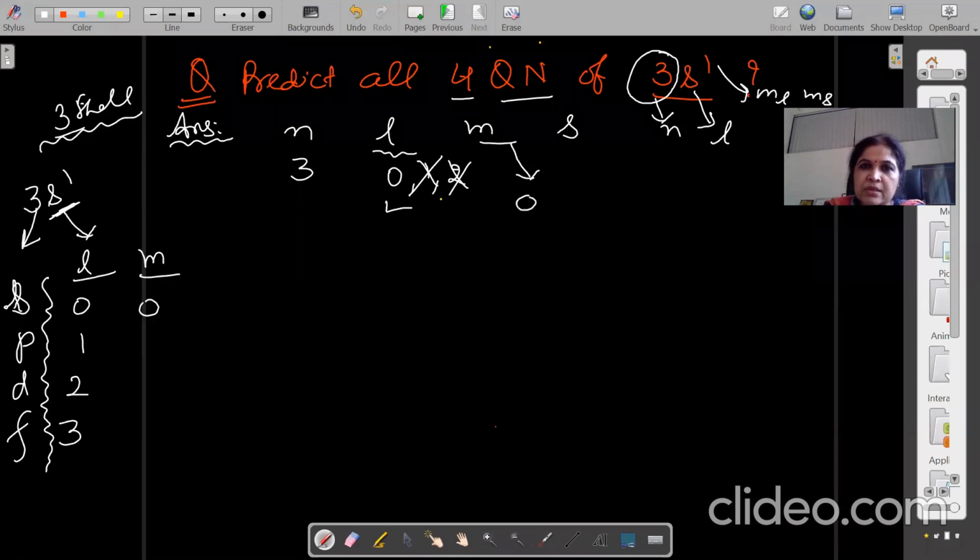And what is the s value? If I had given only 3s, what s value would there be? But I have given 3s1. How many electrons are there? s has how many electrons?